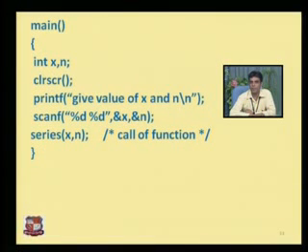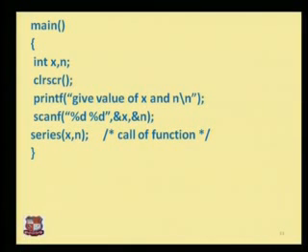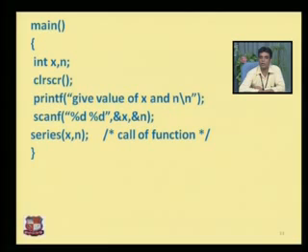Then the main program defines the values of x and n. From here the actual parameter values are transferred to the function. Then clrscr, printf asking for the values of x and n, scanf %d with address of x and address of n, then series(x, n). When the series function is called, it prints the series, with sum equals sum plus term.